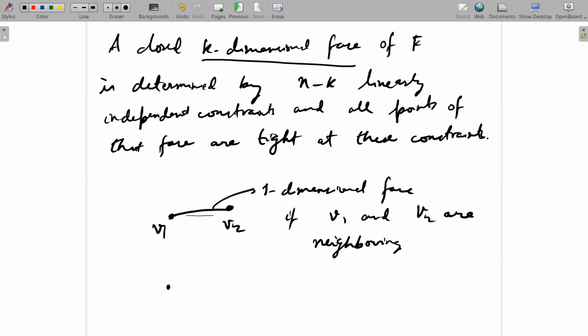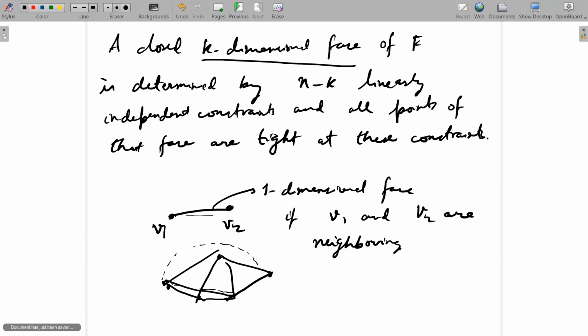If it is not neighboring, for example, I had drawn this picture, you have these two tetrahedra, and then let's say you join them together. So this is also a polytope. So here, these two are not neighboring vertices. If I construct the line segment with these two vertices as the endpoints, then the whole line segment is lying in the interior.